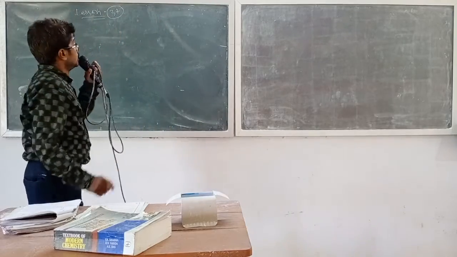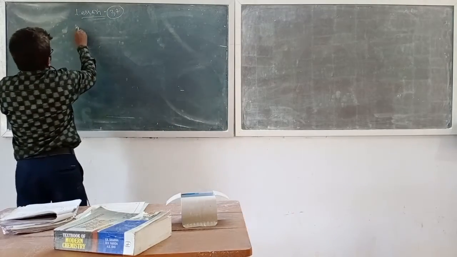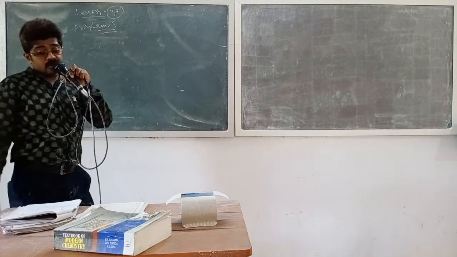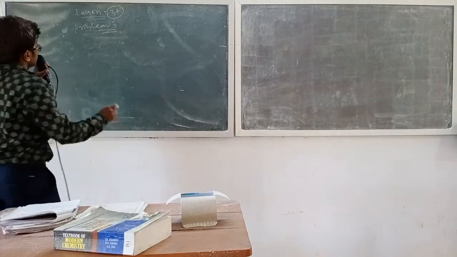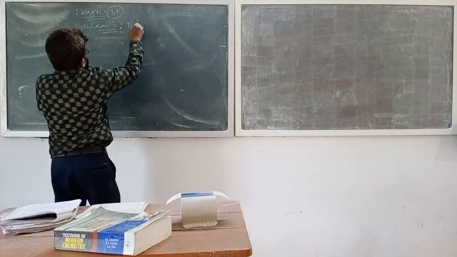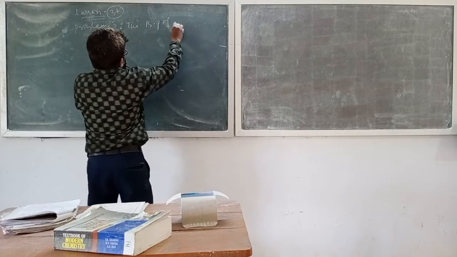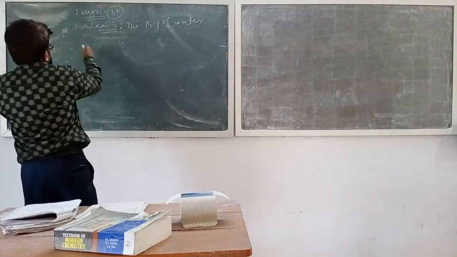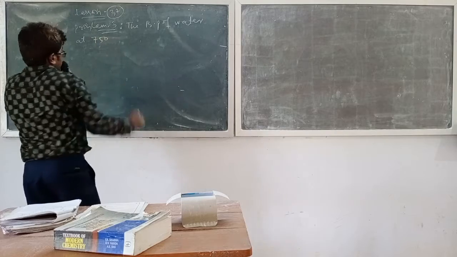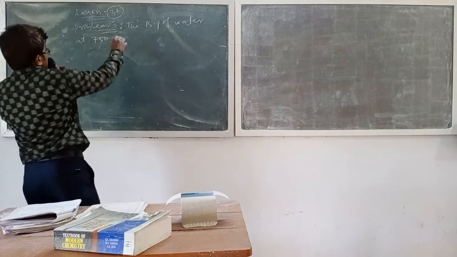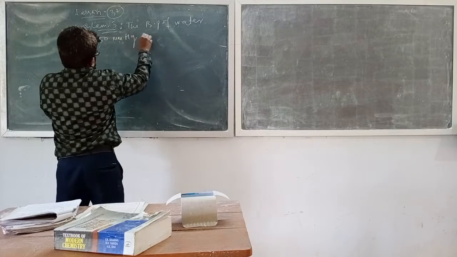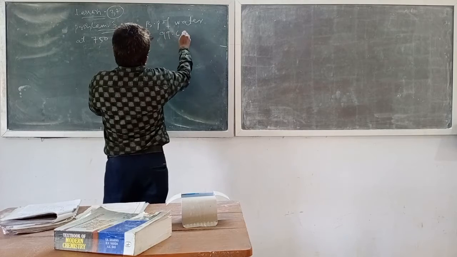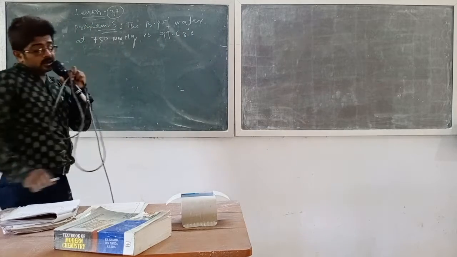Okay, we will see another problem, that is problem 3. Problem 3 says that the boiling point of water at 750 mmHg is 99.63 degrees Celsius.